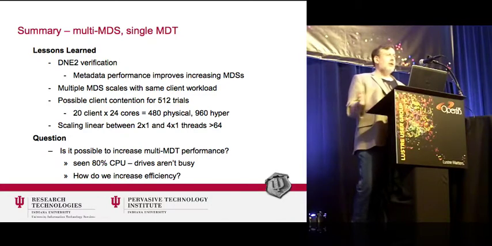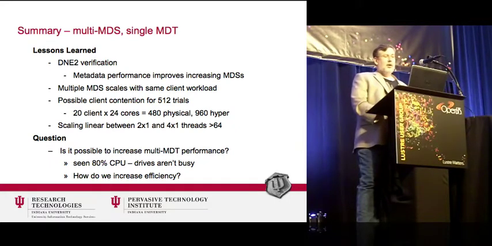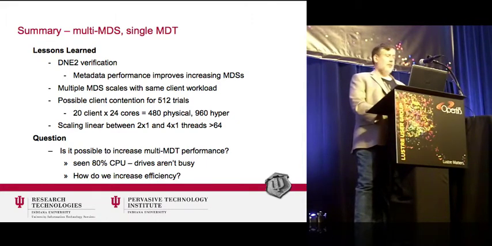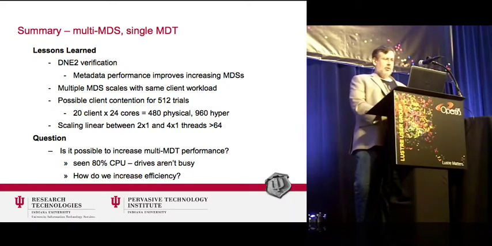We had 480 physical cores, so it's possible that the variability in the 512 numbers could be related to contention, maybe not. But as you can see, for threads above 64, the scaling is pretty linear.